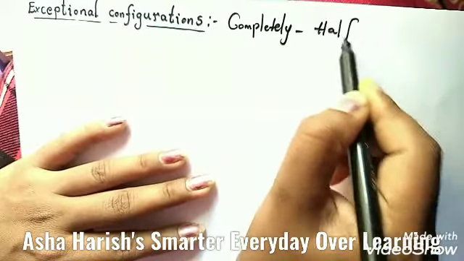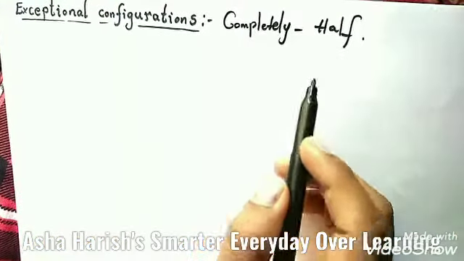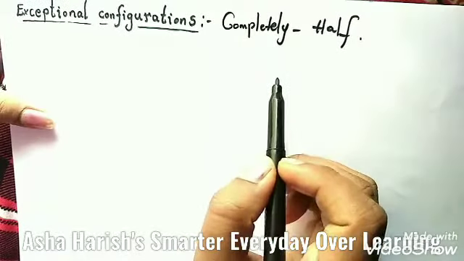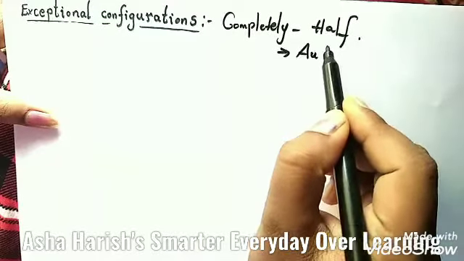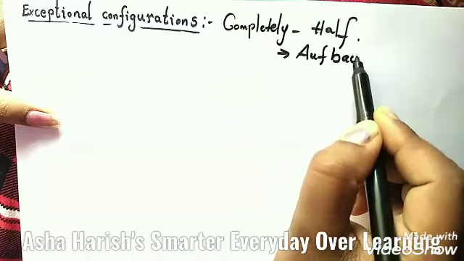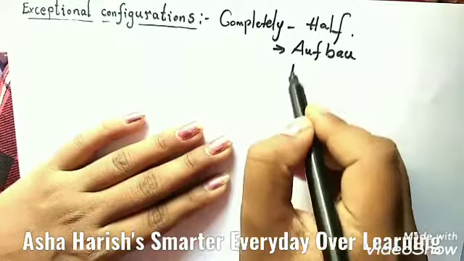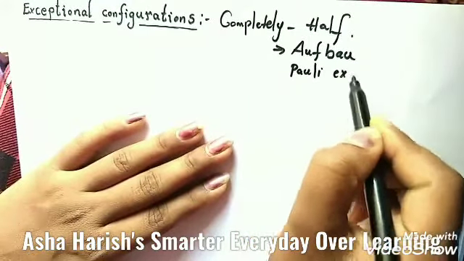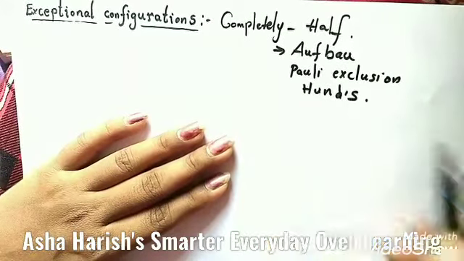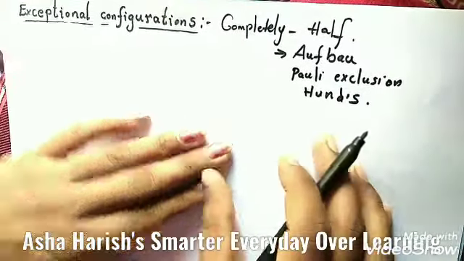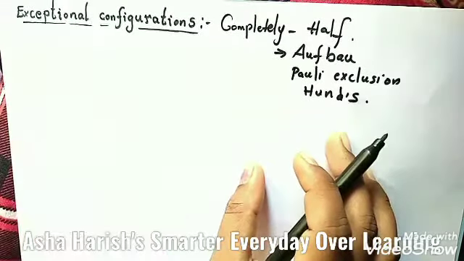The electronic configuration of the various atoms generally follows the rules you know, that is the Aufbau principle, Pauli exclusion, and Hund's rule. Based upon these three rules, the filling of the atomic orbitals can be done.